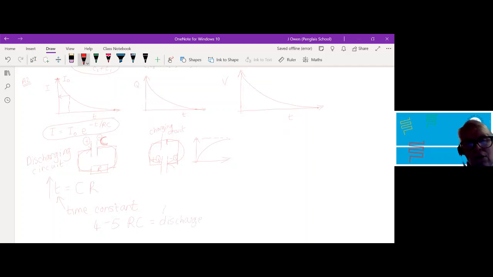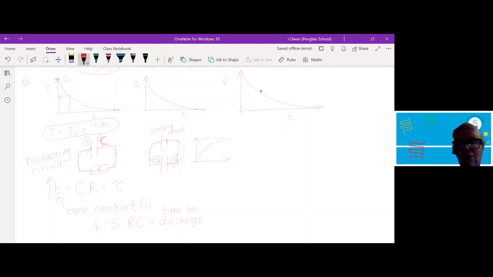Now, can I prove this to you? Let's have a look. Capacitance times resistance. We tend to write the time constant as a little tau, so that means it's measured in seconds.